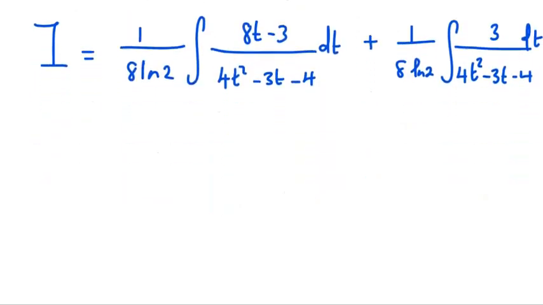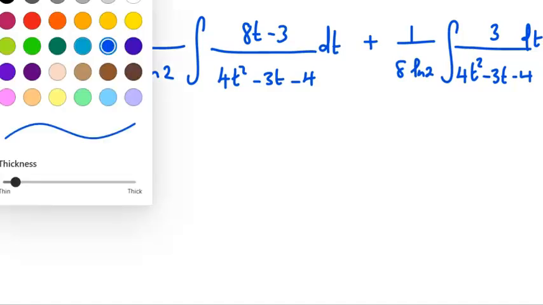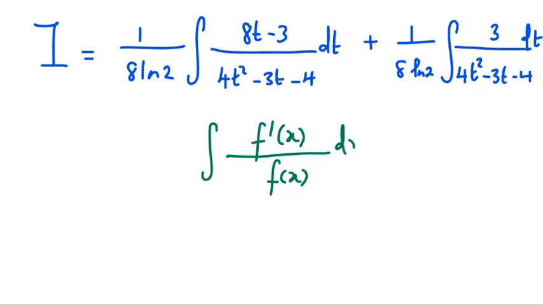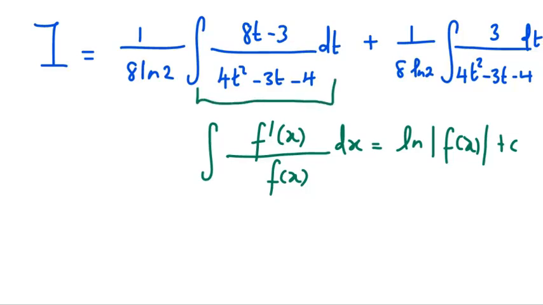Now let us recall the standard integral formula. A really cool one. So we know that the integral of f prime of x divided by the function of x itself, right, this is equal to the ln of the function itself. So it's going to help us here, right? Because this numerator is the derivative of the denominator.